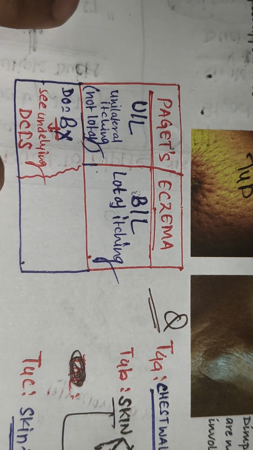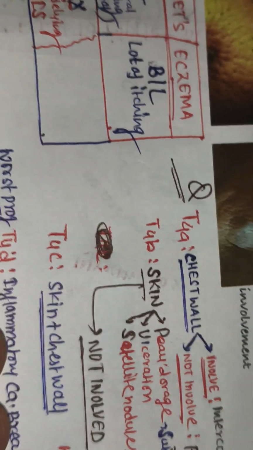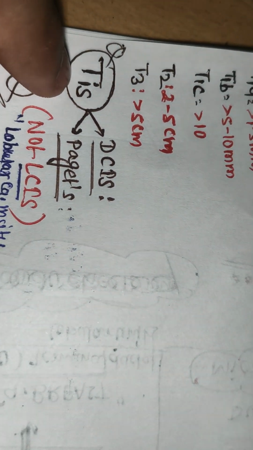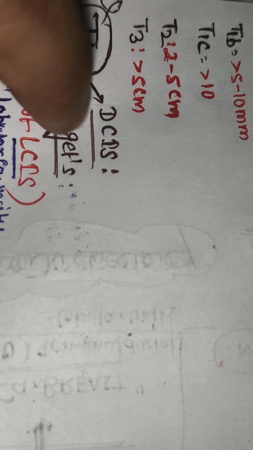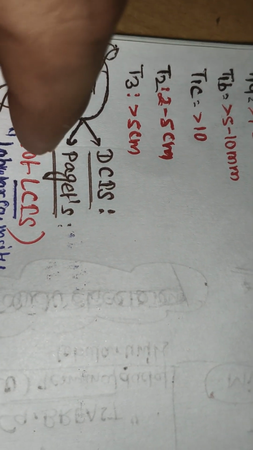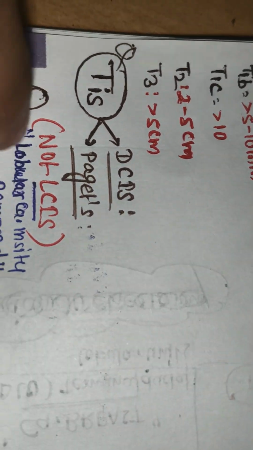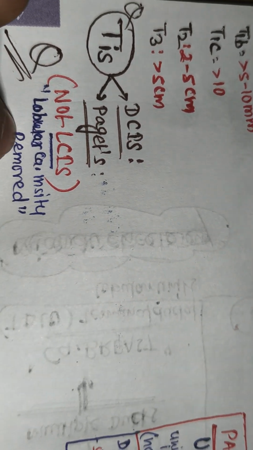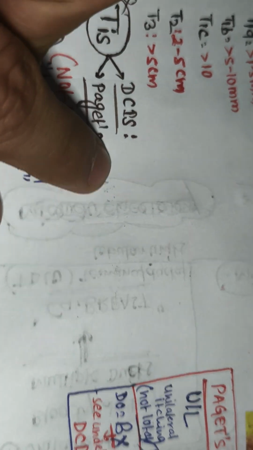So in Paget's, we do a biopsy and see underlying DCIS, ductal carcinoma in situ. So Tis staging is used for ductal carcinoma in situ and Paget's disease, but not used for lobular carcinoma in situ, as it is removed. So this is very important.